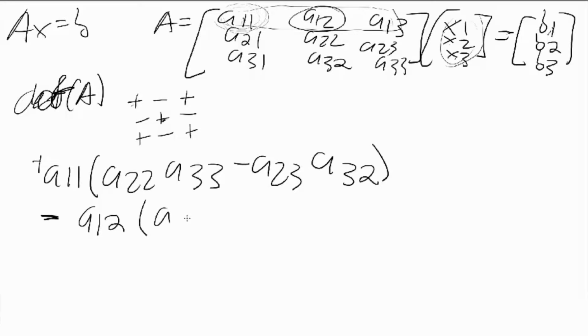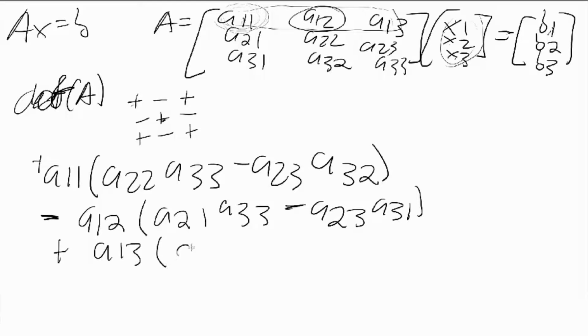And by doing this, you can solve bigger and bigger matrices by just splitting them up into smaller problems. And then the last one would be A32 minus A22, A31. And that'll be your determinant.